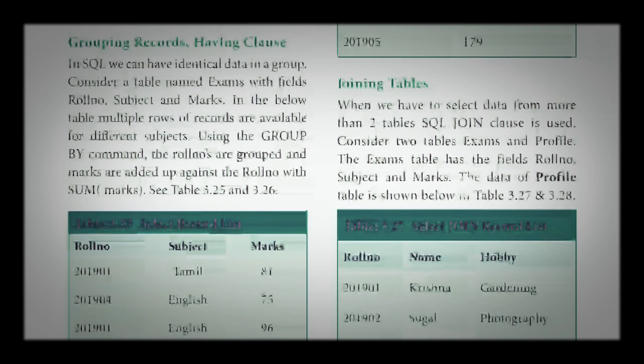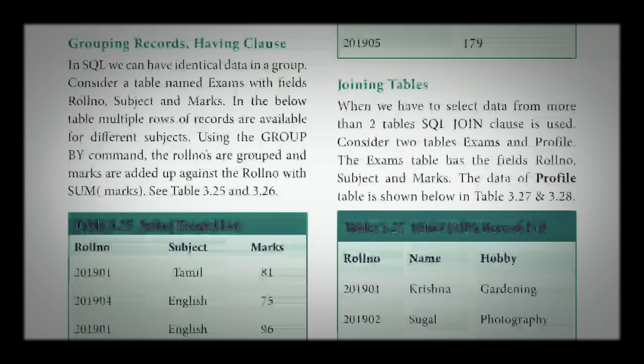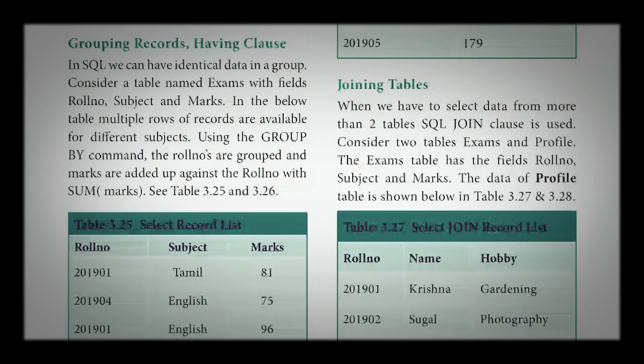Join table. When you have to select data from more than one table, the SQL JOIN clause is used. Consider two tables, exam and profile. The exam table has the fields roll number, subjects, and marks. The data of the profile table is given below.